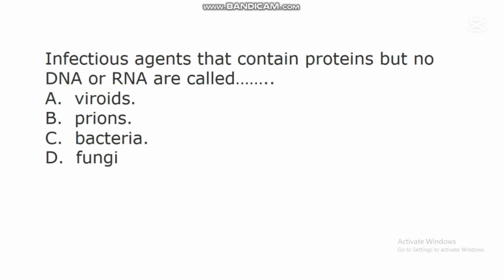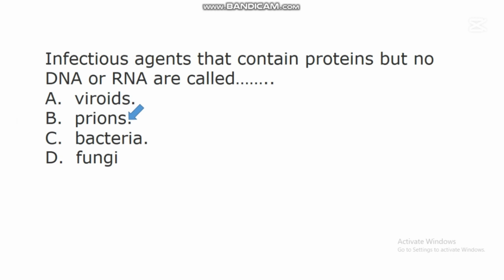The next question says, infectious agents that contain proteins but no DNA or RNA are called dash. A. Viroids. B. Prions. C. Bacteria. D. Fungi. In this question, the correct answer is B. Prions.